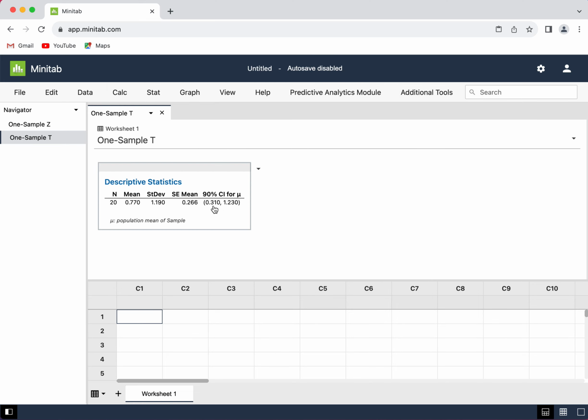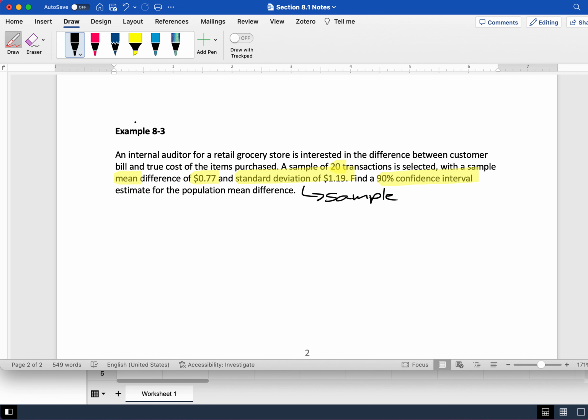So my confidence interval is between 31 cents and $1.23. So that means I am 90% confident that the true amount for all customers that ever buy something at the grocery store, the true difference between their bill and the true cost of items is somewhere between 31 cents and $1.23.